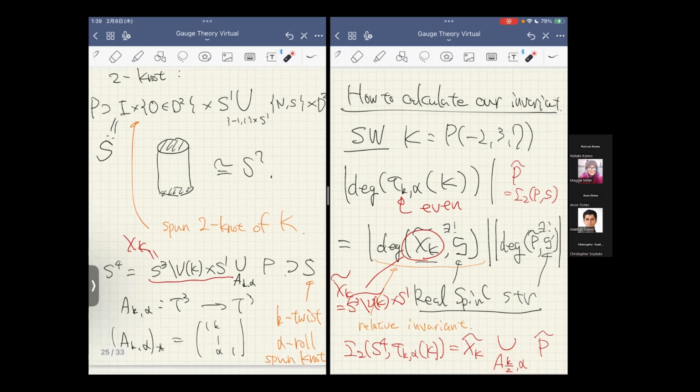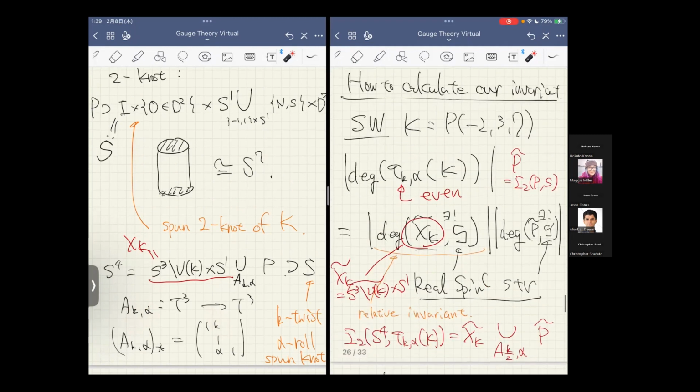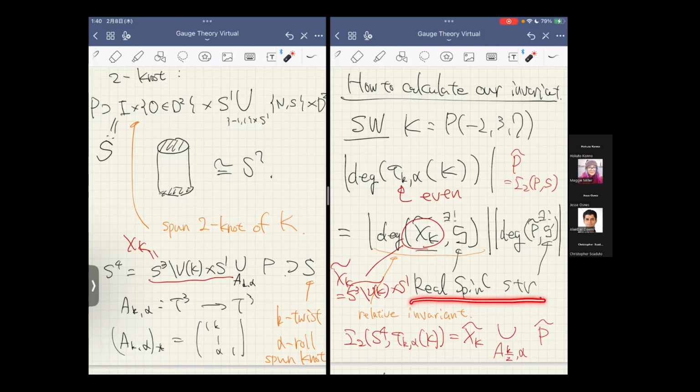The diffeomorphism is given by this matrix. So if k is even, then there exists a unique real spin^c structure such that this invariant is given by the product of these relative invariants.